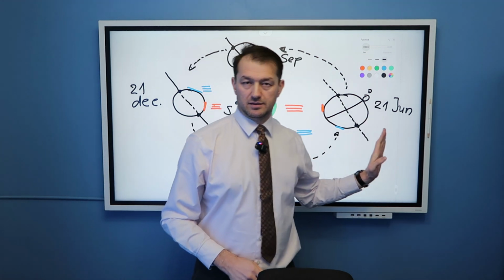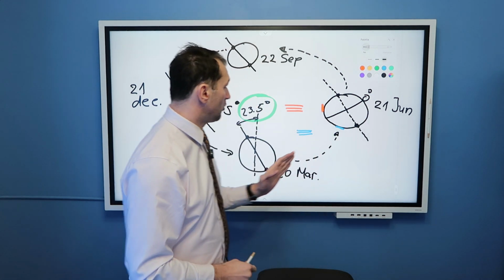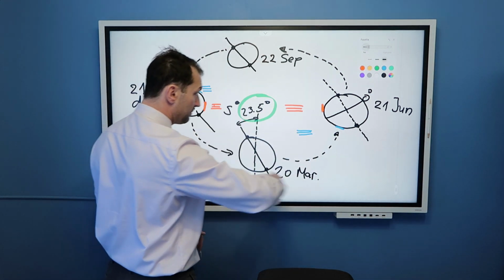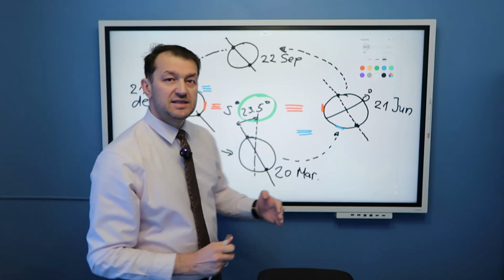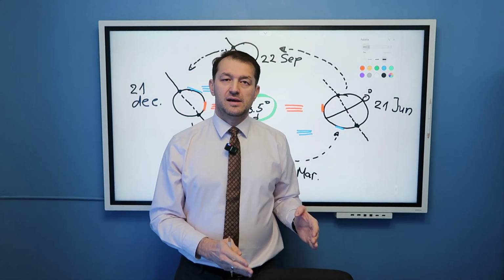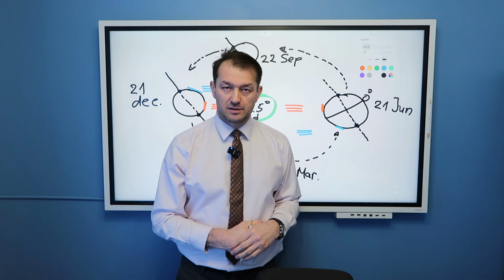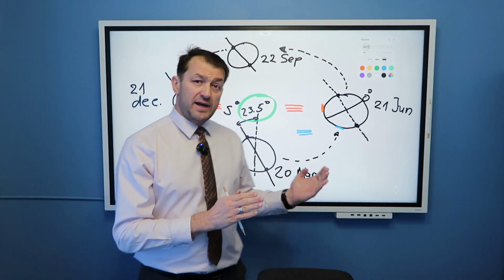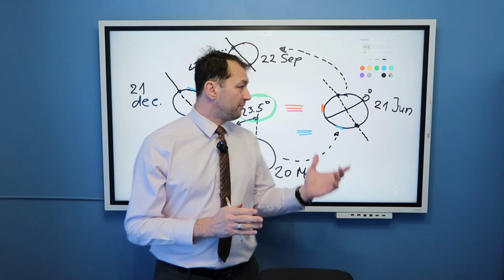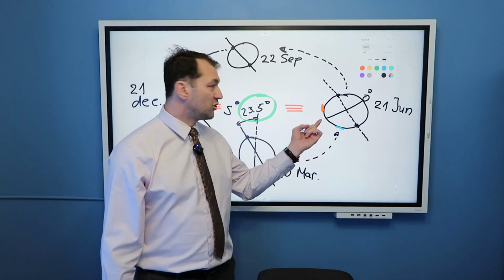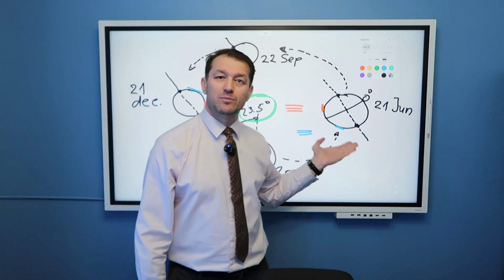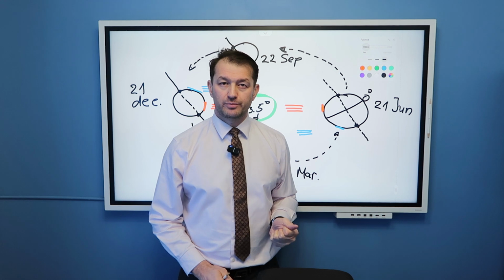This tilt of Earth's axis of rotation with respect to this plane of revolution is the dominant reason that Earth has seasons.